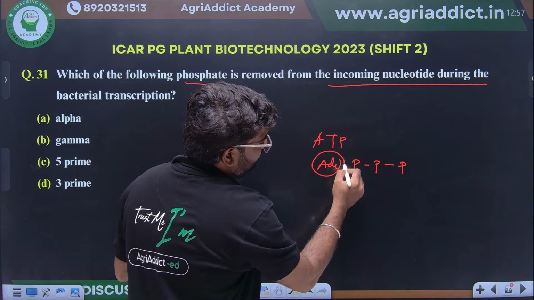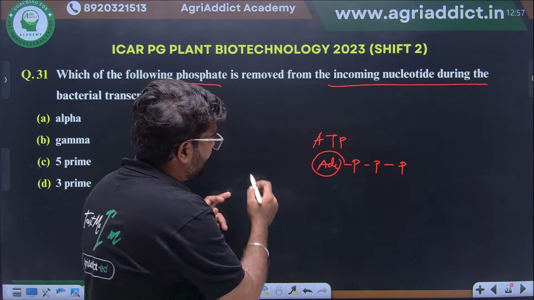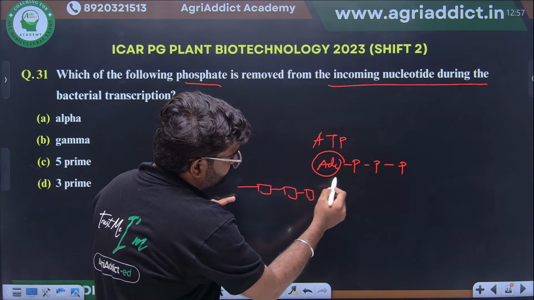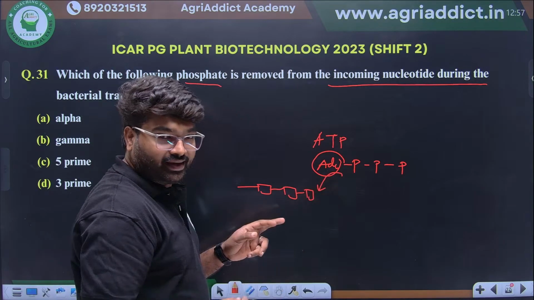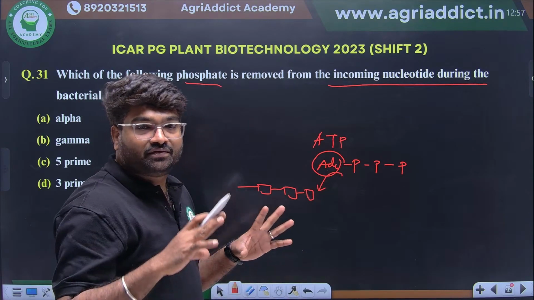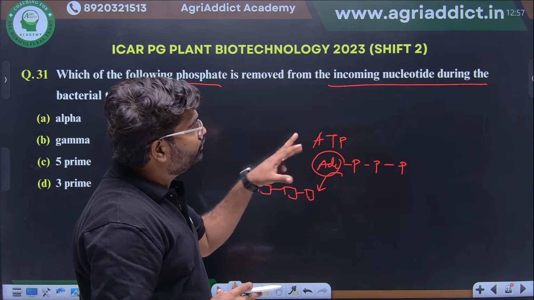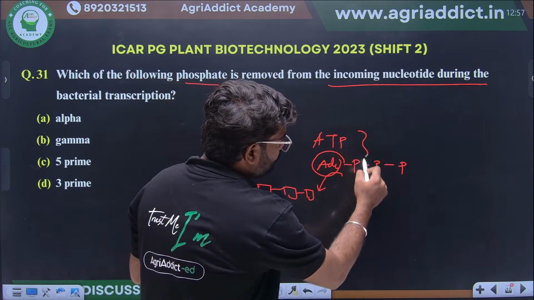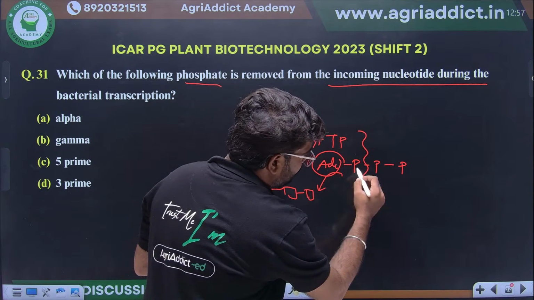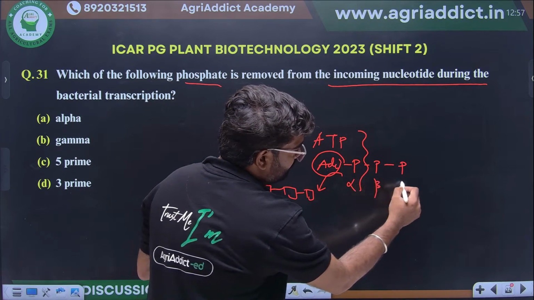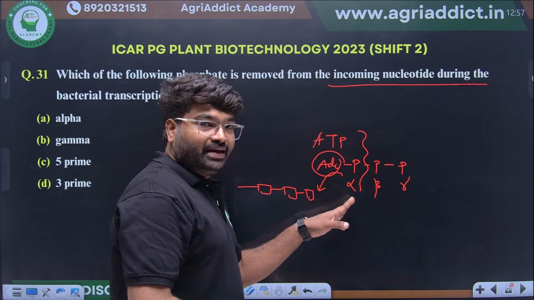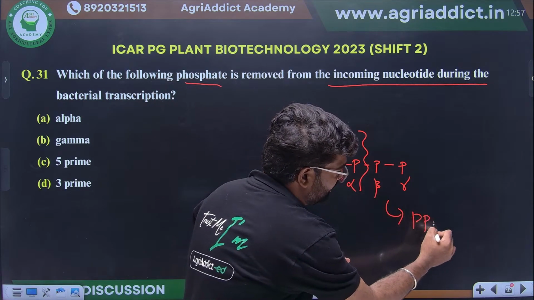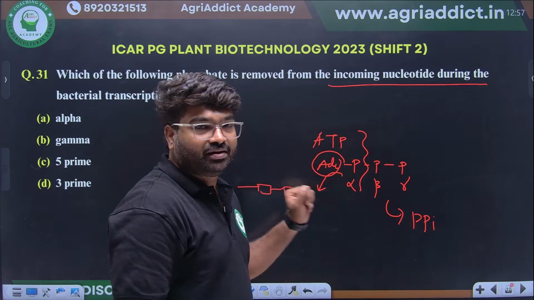If a chain of nucleotides is here, it will come and make a nucleophilic attack here. Because of this, which phosphate will be removed from the upcoming nucleotide? These are alpha, beta, gamma. It will remove beta and gamma phosphate as PPi, as a pyrophosphate molecule.